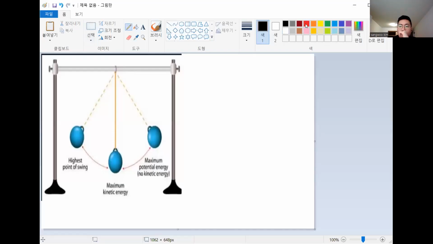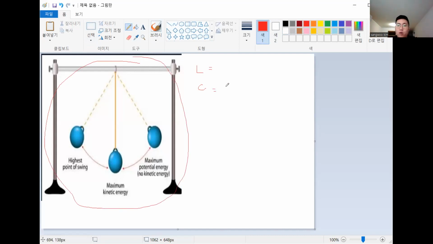Here there's an LC component. The swing, the vibration, happens naturally. I explained it with this example, the way it's moving.